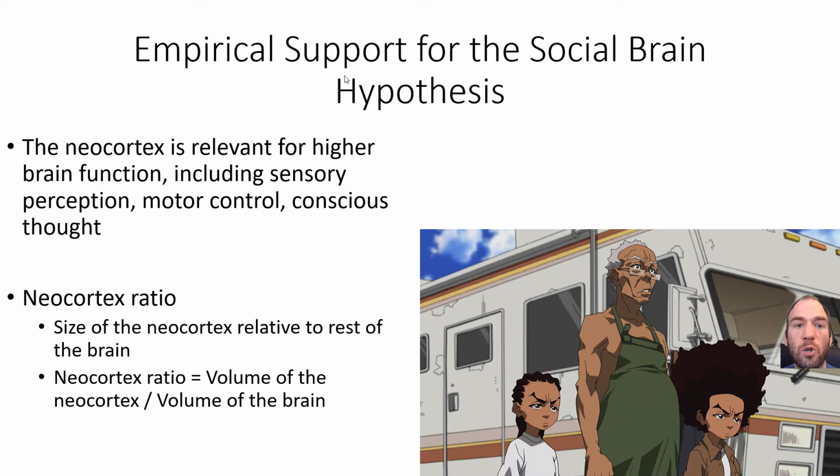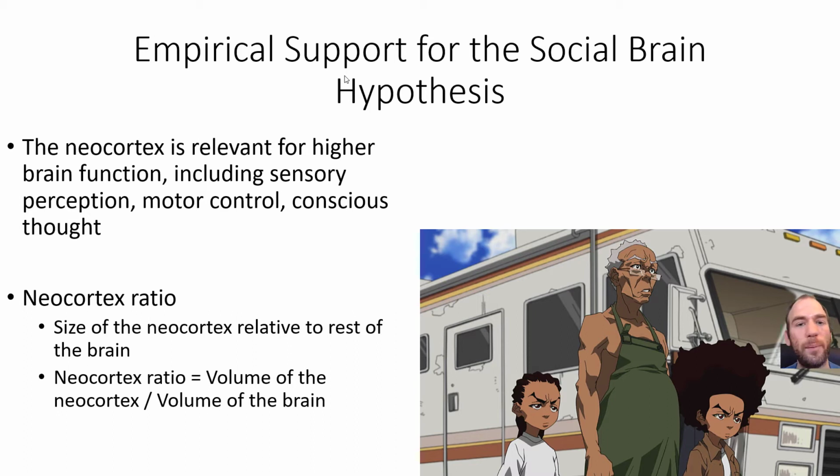hypothesis through the neocortex. The neocortex is basically the outermost layer of the brain, and it's involved in higher brain functions such as sensory perception, motor control, and conscious thought. The neocortex ratio is the size of the neocortex relative to the rest of the brain: the volume of the neocortex divided by the volume of the brain.